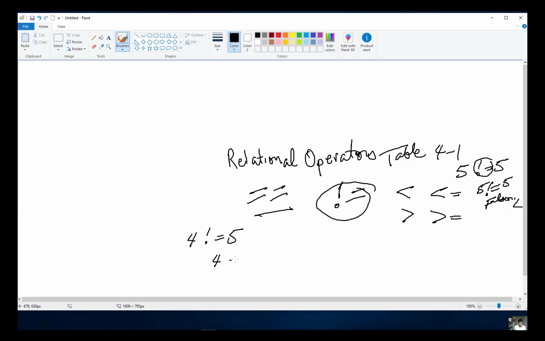First of all, is 4 equal to 5? Well, it is false, right? Because 4 does not equal 5. And again, I'm treating this like an equal. So that is false, but I put the bit in front of it, so this becomes what? Now true. I just flip it all the way around. So that's the way you want to think about this as well.